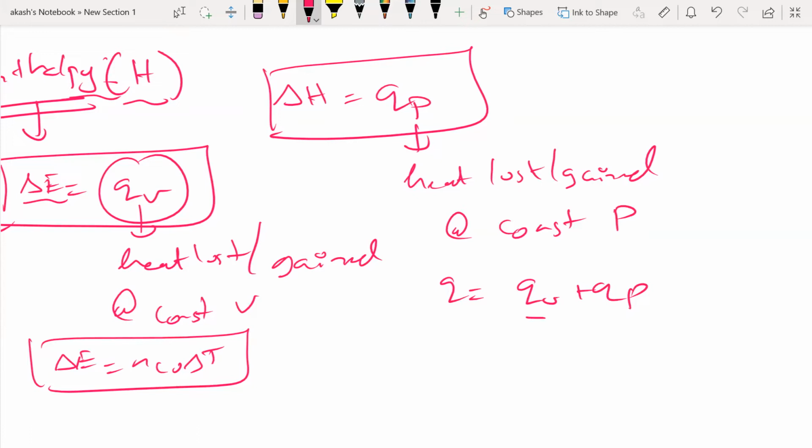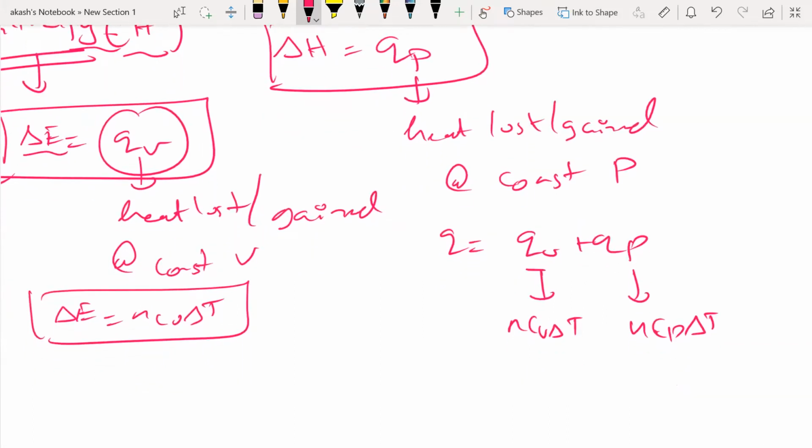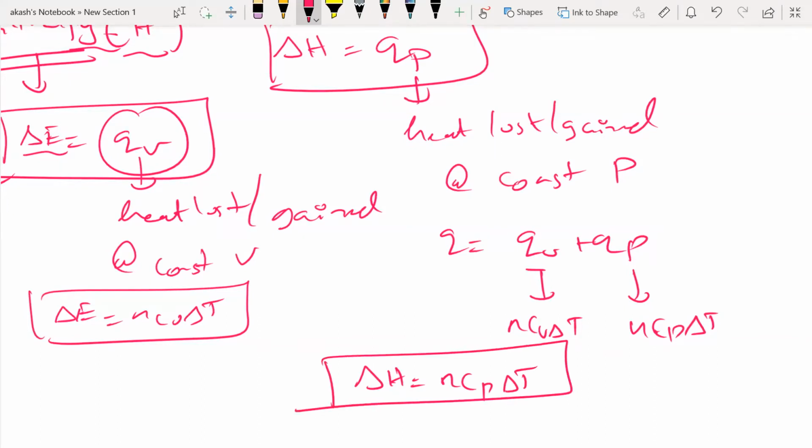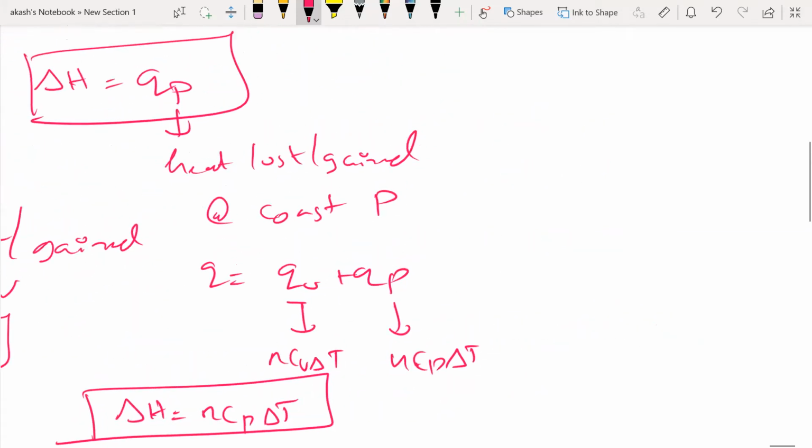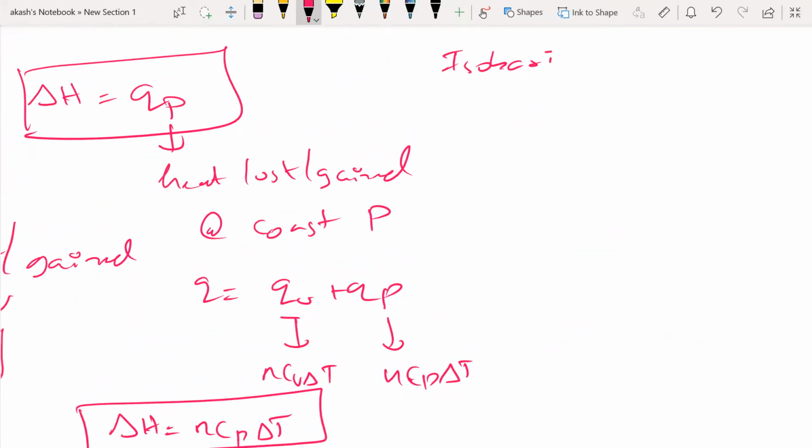I know QV I can write as n CV delta T, and QP I can write as n CP delta T. So again I get a beautiful relationship for delta H: delta H is equal to n CP delta T. Like how you have delta E equal to n CV delta T, enthalpy is going to be n CP delta T. That is again nothing but heat loss or heat gain at constant pressure conditions.